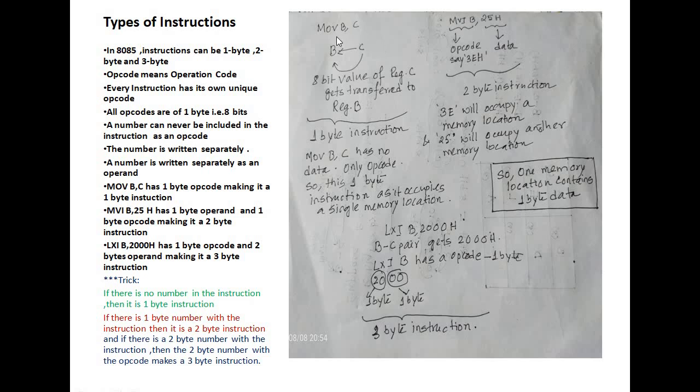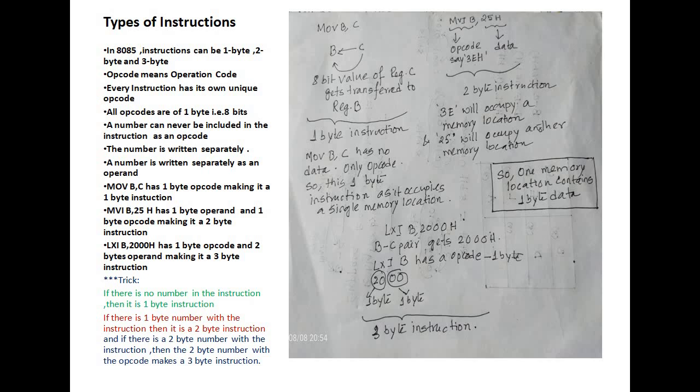Will your processor understand MOV B comma C? No, it understands only the language of zeros and ones. So whenever you type MOV B comma C, the assembler will convert it into machine language, that is, into the form of zeros and ones.